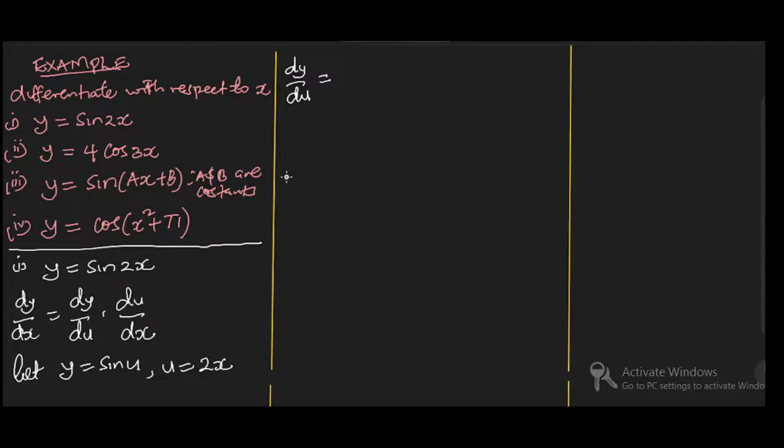So when you differentiate this, it will be cos u. Then when you differentiate u with respect to x, remember our rule for differentiation: you bring the power down, multiply it by what is there, and reduce the power. So this will remain with 2.